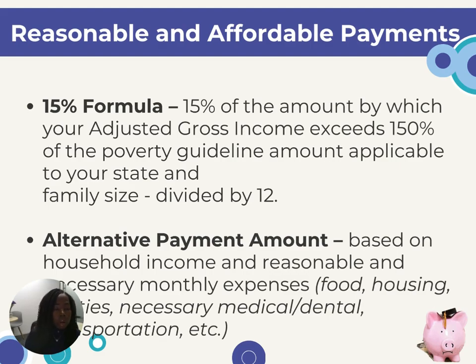So if the 15% formula number is too much, you can request an alternative payment amount, and it's going to be based on your household income and reasonable and necessary monthly expenses. And then there's an additional form to fill out to submit to your loan servicer with all of the household income and expenses.